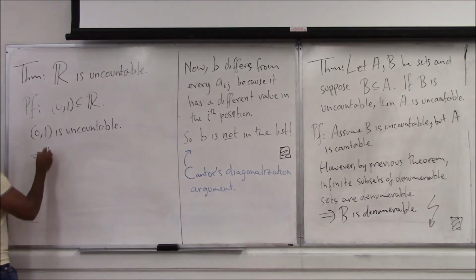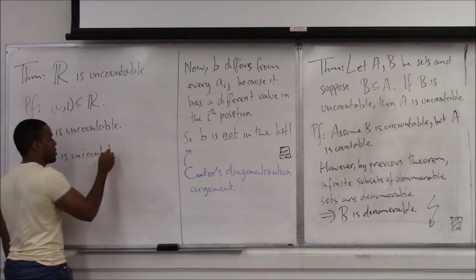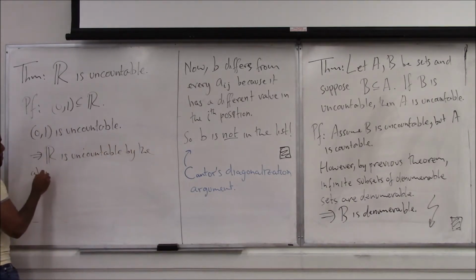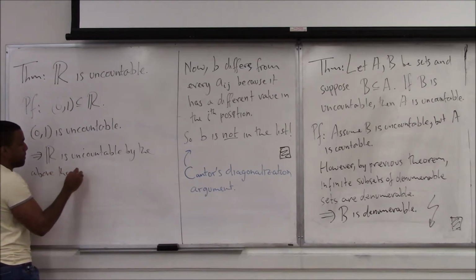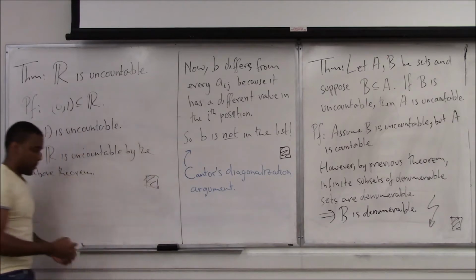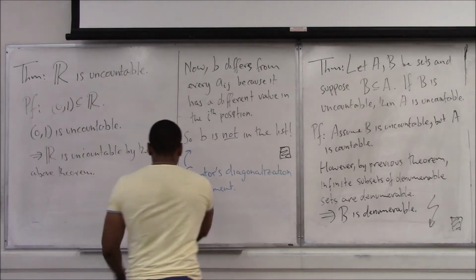This means R is uncountable. Part of the above theorem. So the real numbers contain an uncountable set, and must therefore be uncountable.